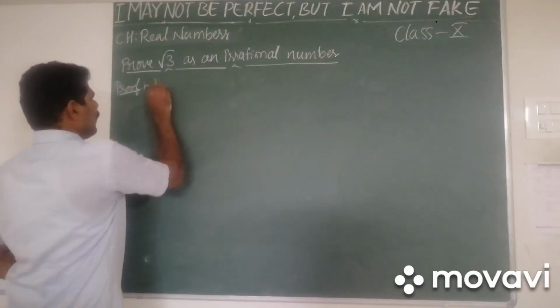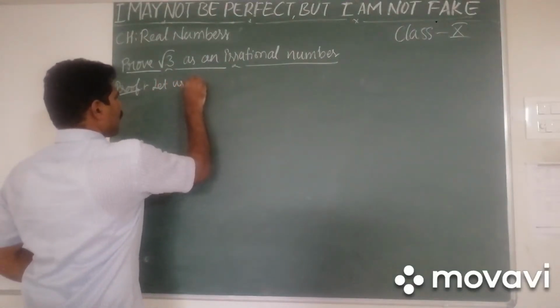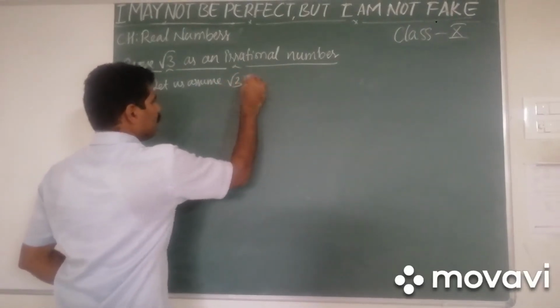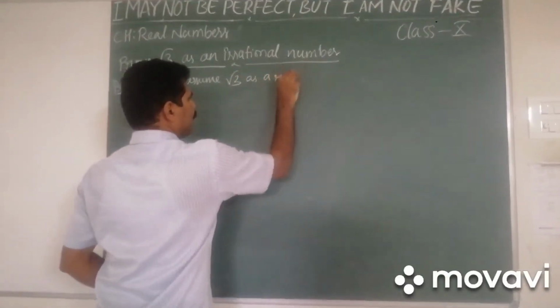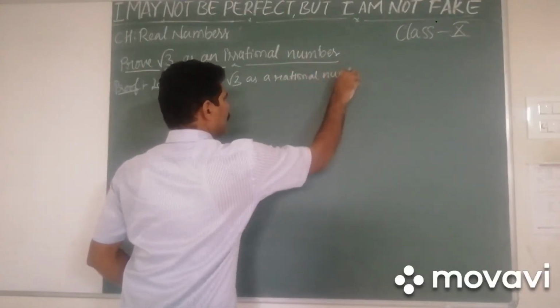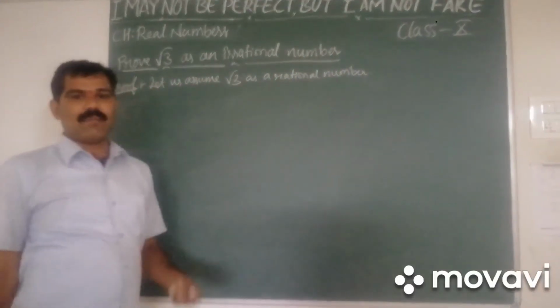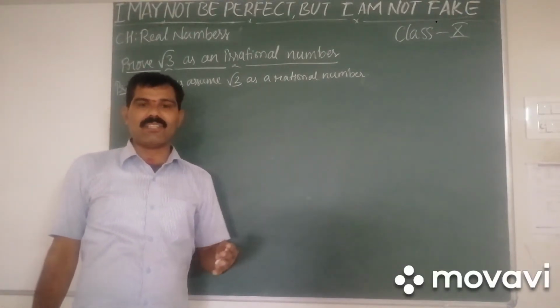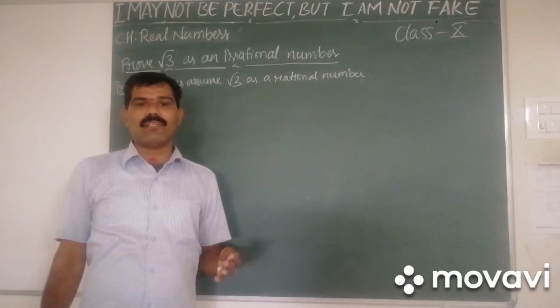So let us assume root 3 as a rational number. If it is a rational number, it can be written in the form of a by b. We know what exactly a rational number is: a number which can be written in the form of a by b.